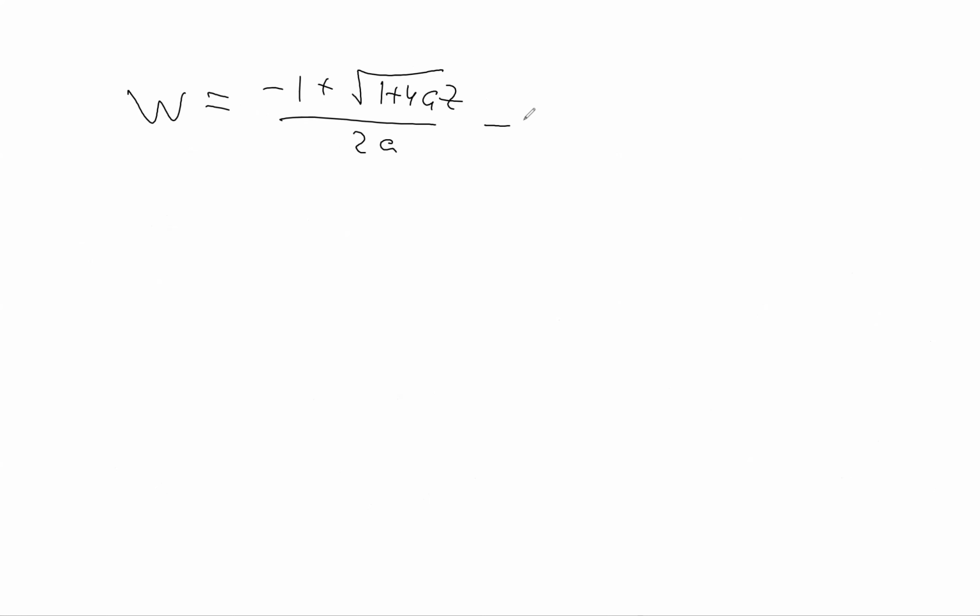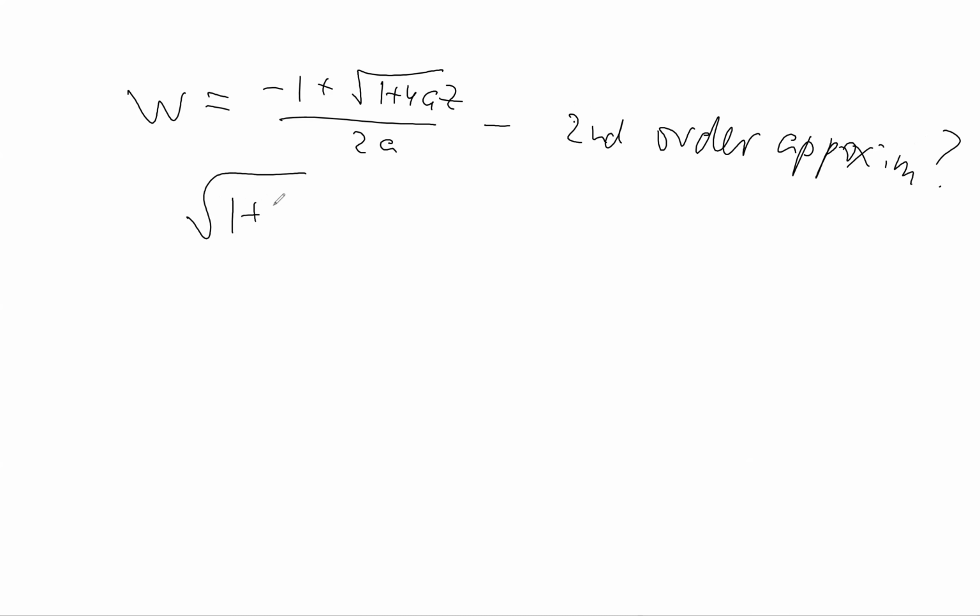And we want to find the quadratic, second order approximation of this. So to find the second order approximation, we will need to find an approximation for 1 plus 4az to the power of half.